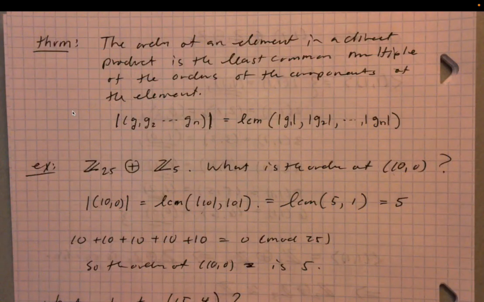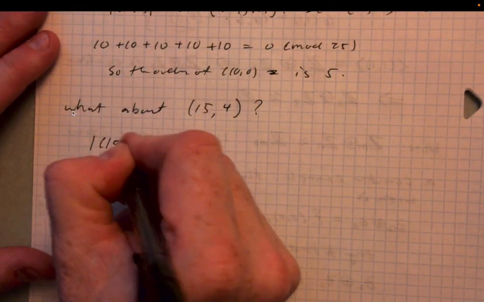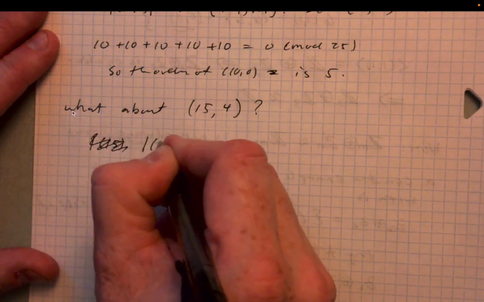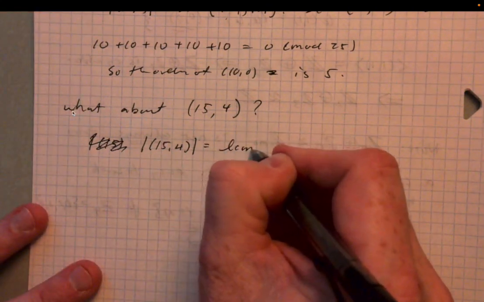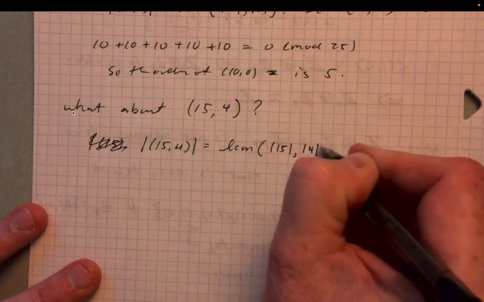Well, the order of (15, 4) is going to be the least common multiple of the order of 15 and the order of 4.